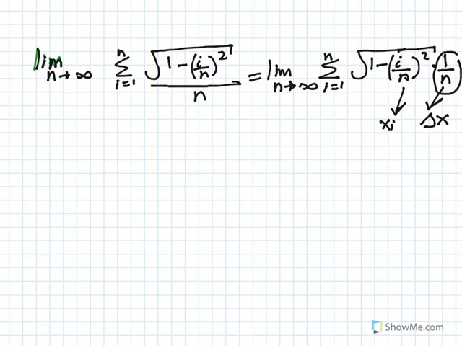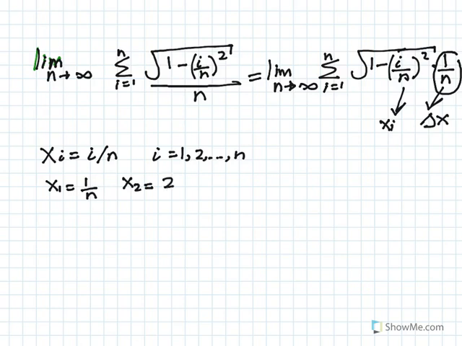So let's start with xi, which is equal to i over n. i goes from 1 all the way to n. x1 is 1 over n. x2 is 2 over n, plugging in i equals 2. x3 is 3 over n. xi is i over n. xn is n over n. That's equal to 1, and that's the last x value, that is b.